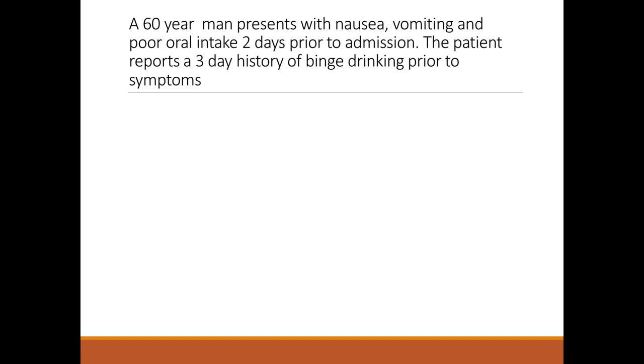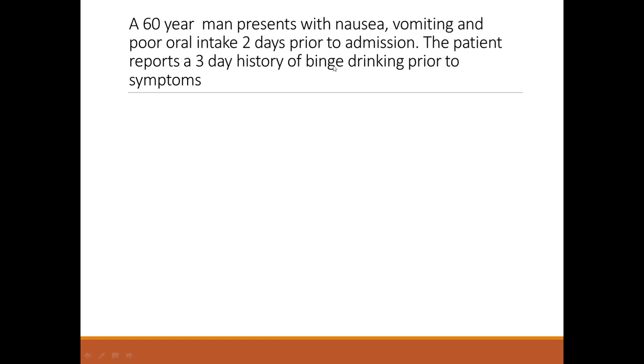So let's move towards another scenario. A 60-year-old man presents with nausea, vomiting, poor intake, 2 days history, and the patient reports a 3-day history of binge drinking prior to symptoms. So here this scenario explains something to us. The clue is given over here, the binge drinking.